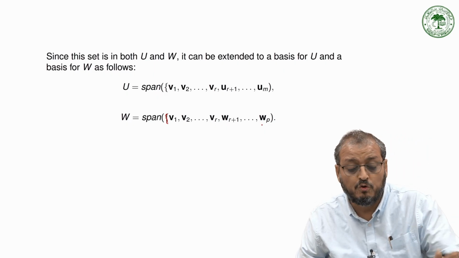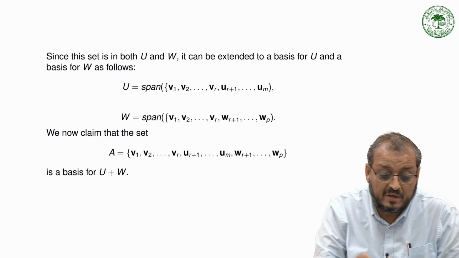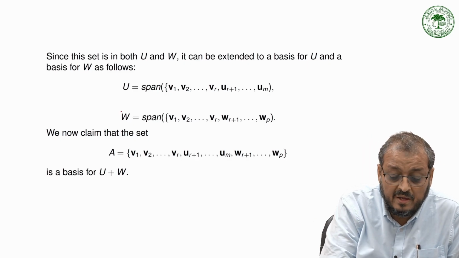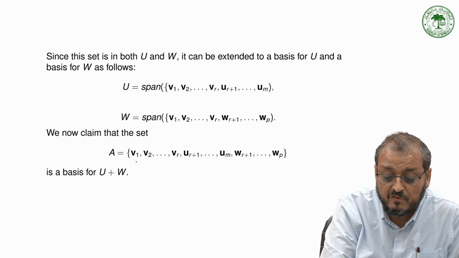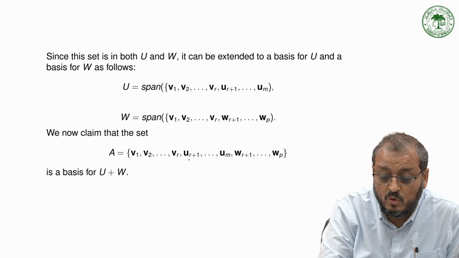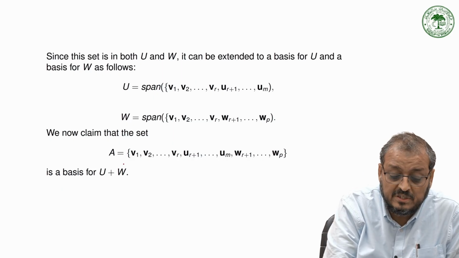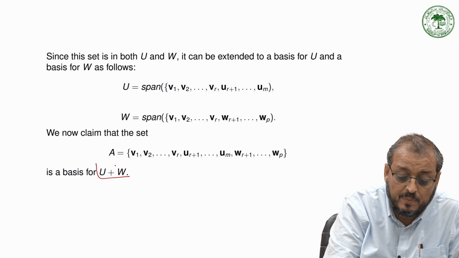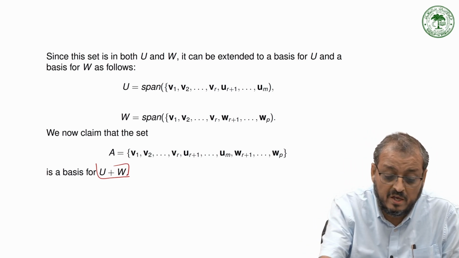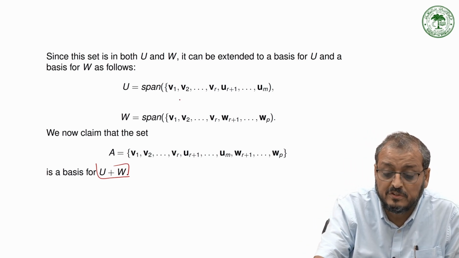Then we choose any arbitrary vector. Now we claim that the set A, consisting of V1, V2, up to Vr, then U(r+1) up to UM and W(r+1) up to WP, is a basis for U plus W, because for U plus W we take a sum of these two.